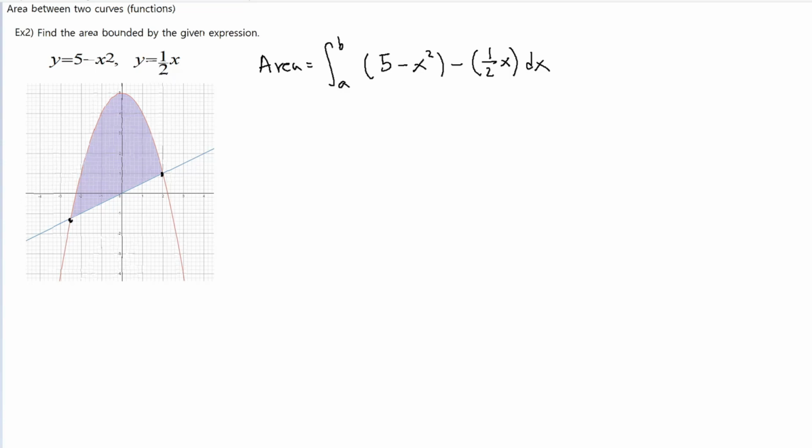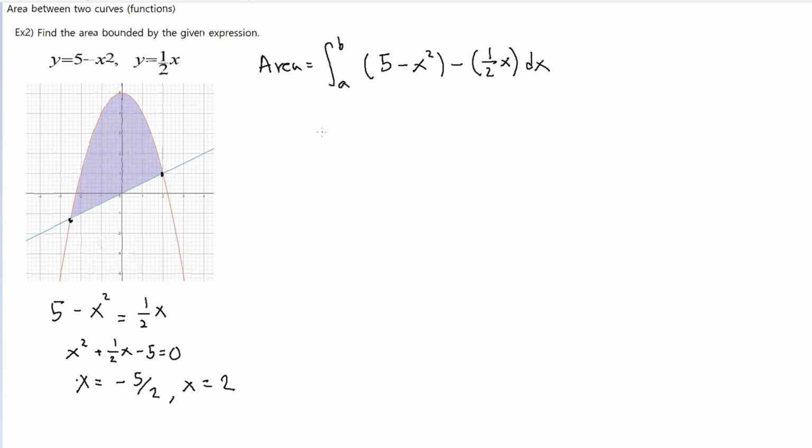To find the points of intersection, we have to set the two equations equal to each other, and you will find that x squared plus 1/2 of x minus 5 will equal 0. x will equal negative 5 over 2, and x equals positive 2 as the answers.